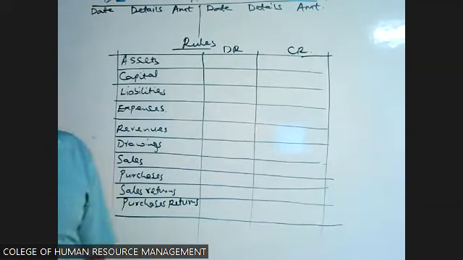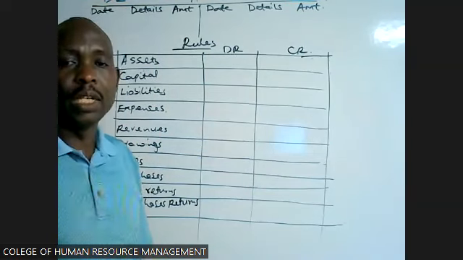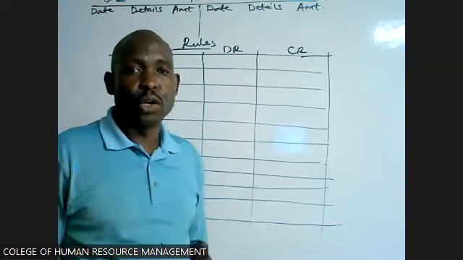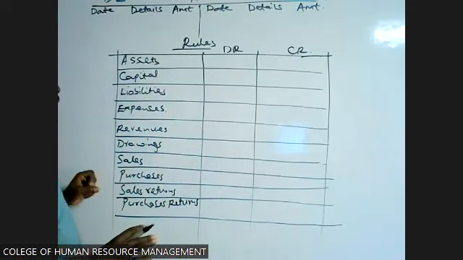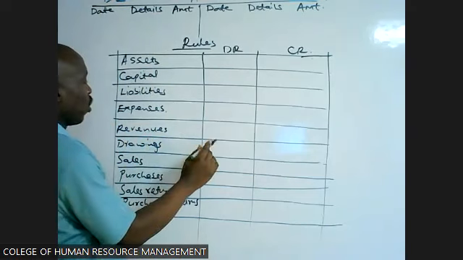I want us to understand these items. At what point do we debit them? At what point do we credit them? So let me start with those which are straightforward. For the drawings, we always debit.